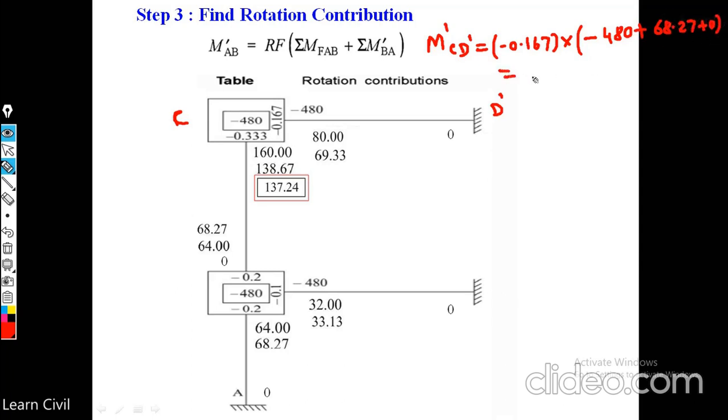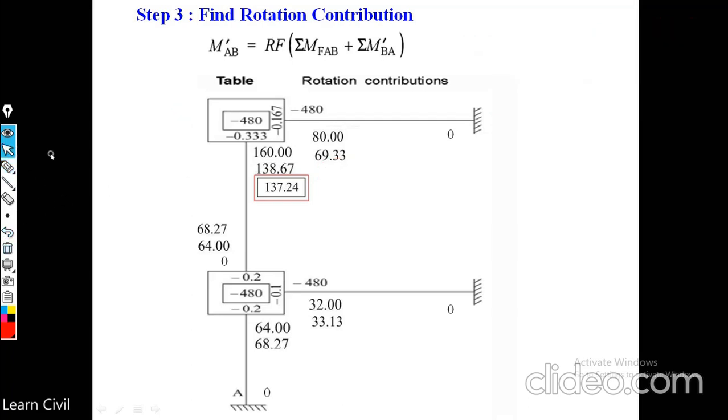So this will be equal to 68.62. Just write down this value here. So we get the figures like this. Okay, again we'll go for cycle number 3 for joint B.